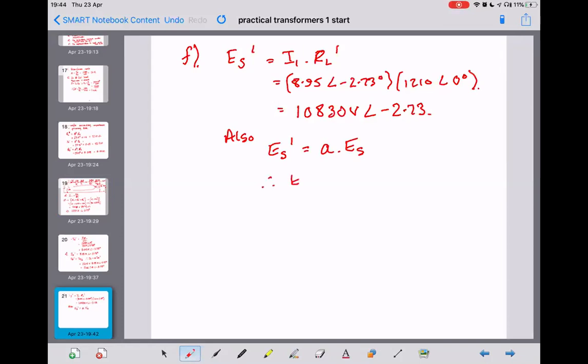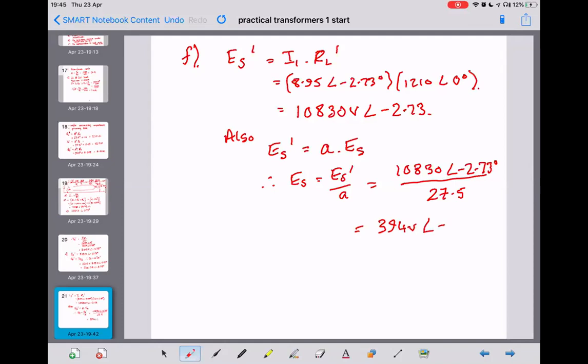Therefore, ES is equal to ES dash over A. So that's 108 30 angle minus 2.73 over 27.5. And I make that 394 volts angle minus 2.73.